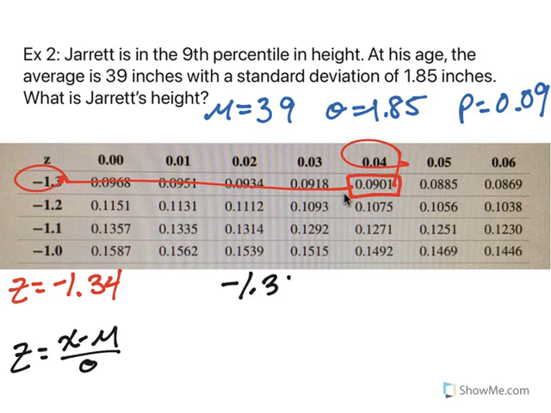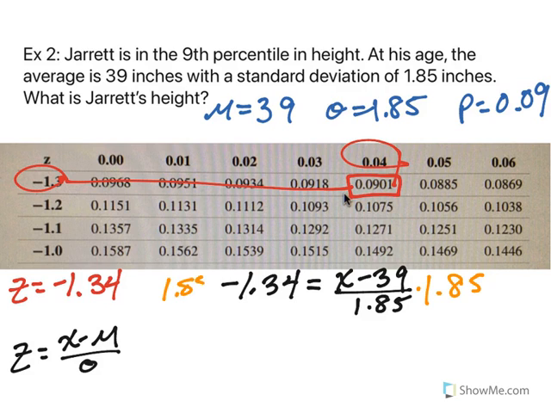So negative 1.34 equals x minus 39 divided by 1.85. If I multiply both sides by the denominator, which is 1.85, those cancel out. I'm left with x minus 39 on the right and negative 2.479 on the left.